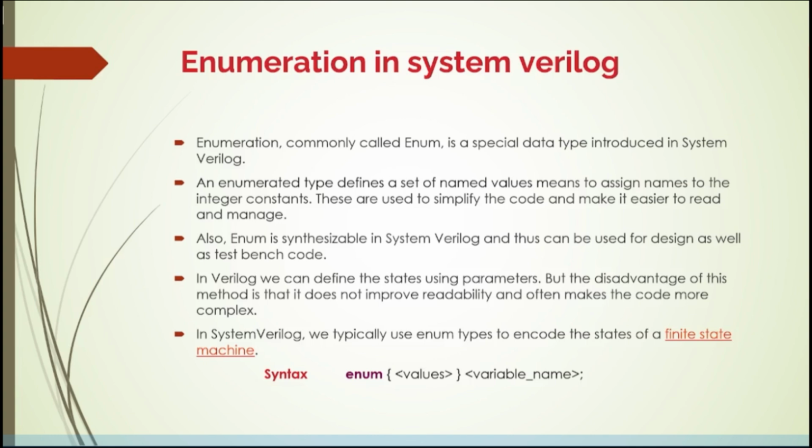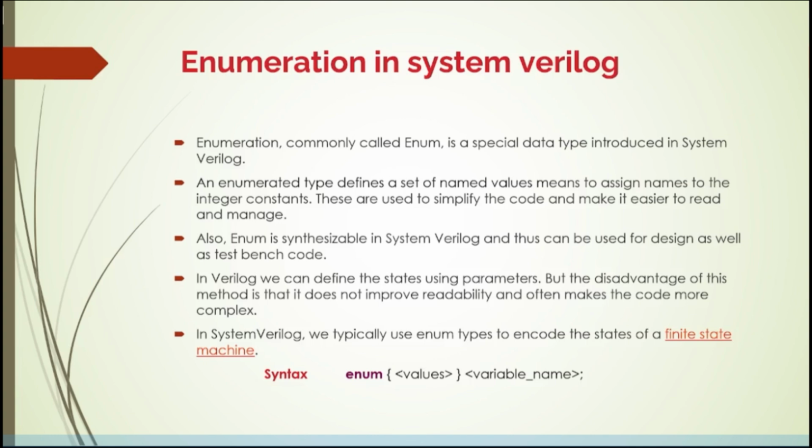For example, if you are writing code for a traffic light signal, let us imagine we want our code to be: if one, then red should be on, if two, the yellow light should be on, if three, the green light should be on. So 1, 2, 3 are the values that we are going to write in our code.